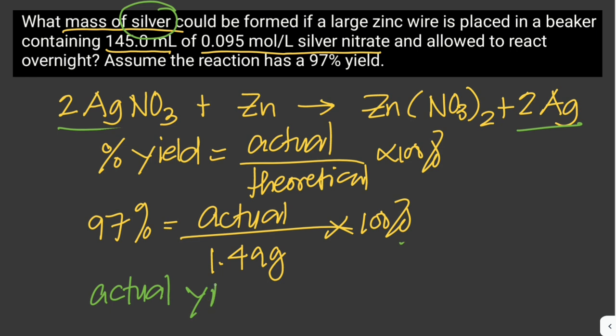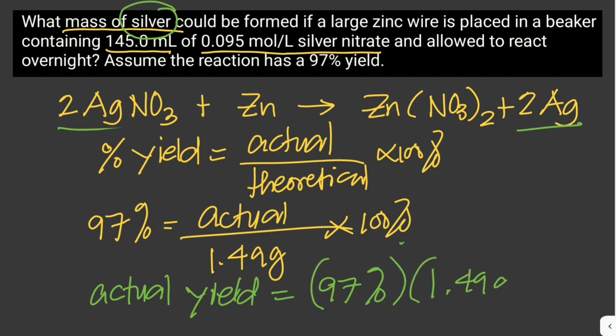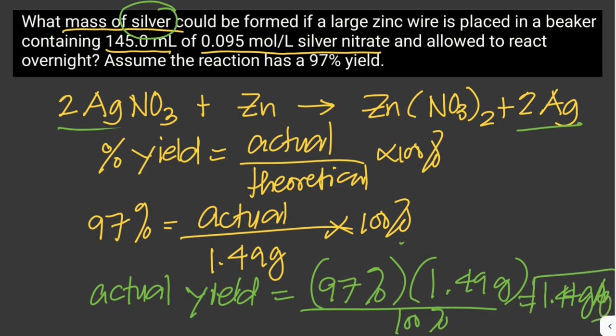So the actual yield is equal to 97% times 1.49 grams divided by 100%, and this would give us a value of 1.44 grams of silver. So this is the mass of silver that could be formed if a large zinc wire is placed in a beaker with silver nitrate.